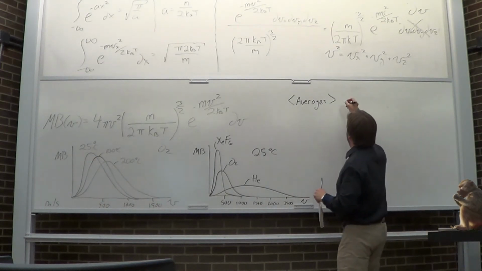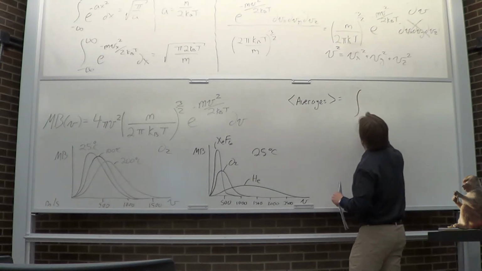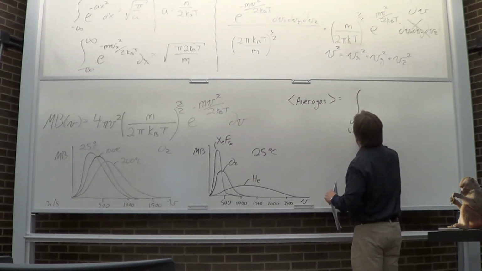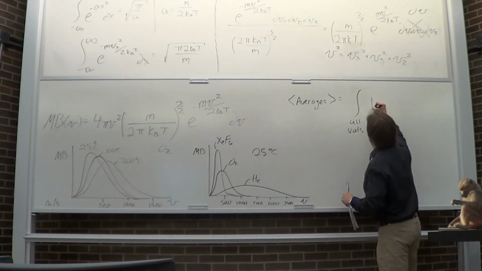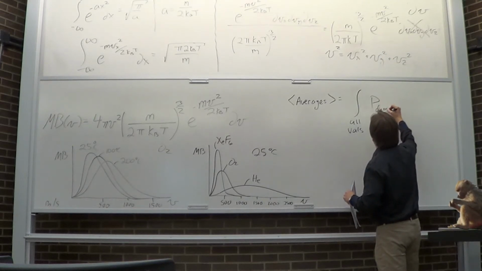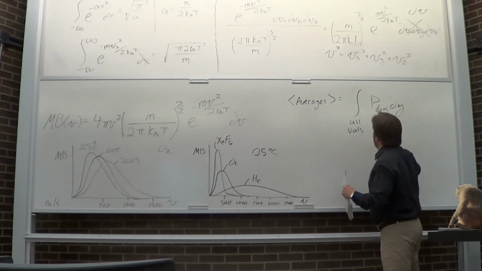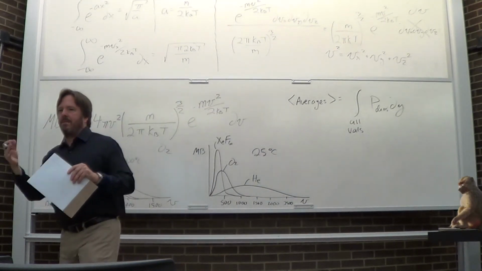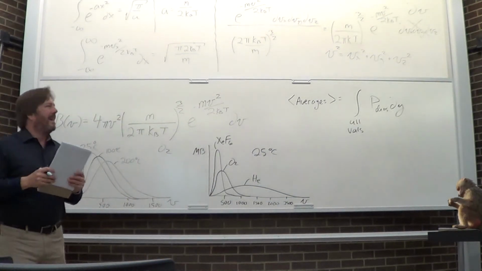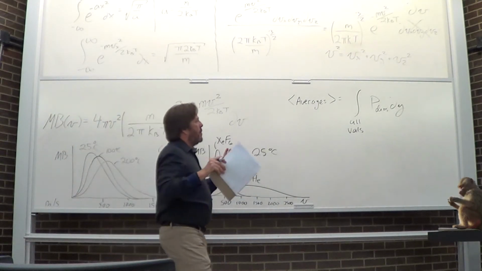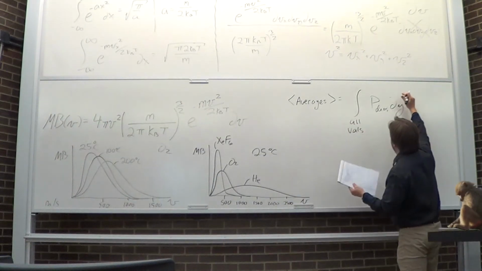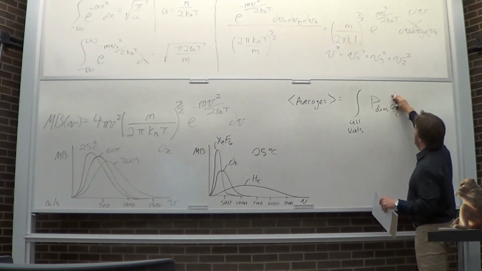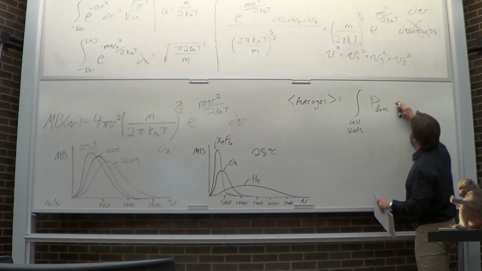The true definition of an average is the integral over all values of the distribution times the property y, times the differential. Sorry, you know what I just drew? What is this? Anyone know what that is? It's a probability. Yeah, that's the number 1.